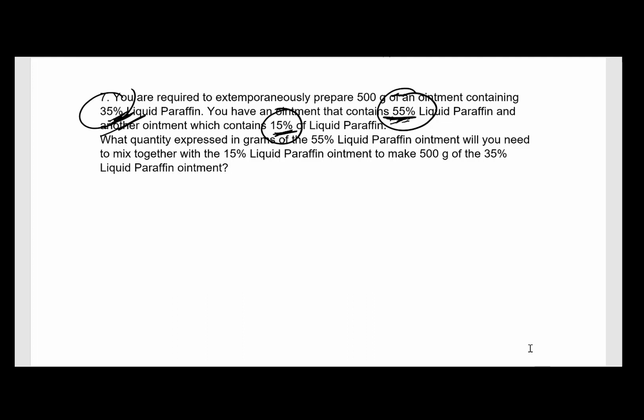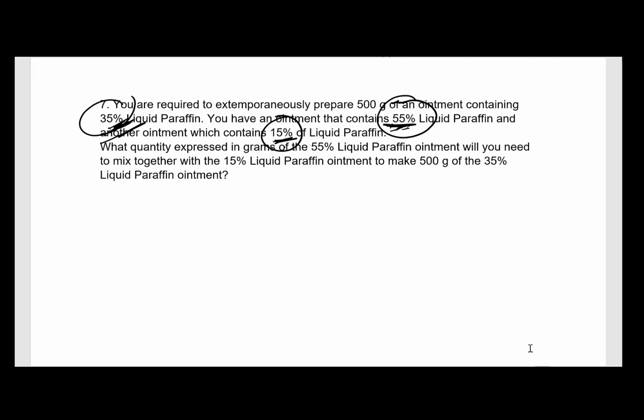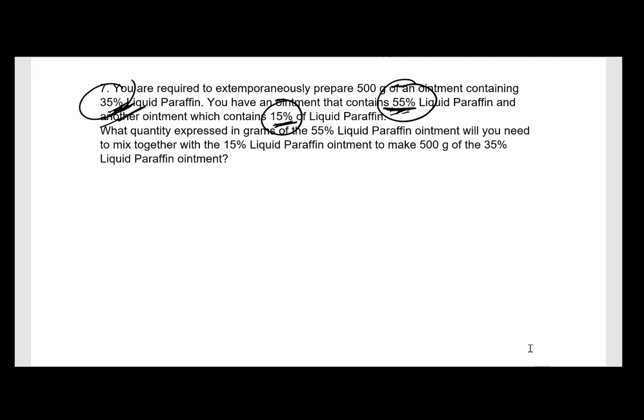So I have to make 35%. Okay, everybody pay attention, please. 35% I have to make. And I have been given 55% and I have been given 15%, and I have to make 35%, right?